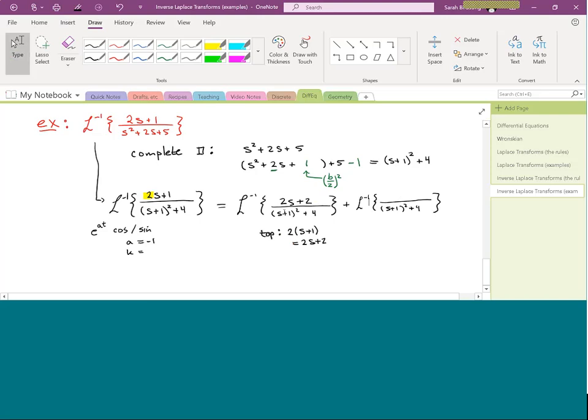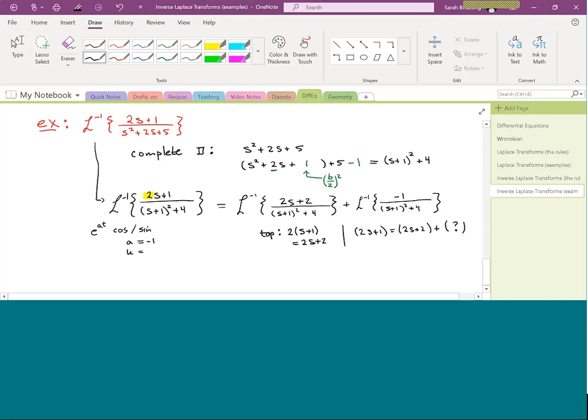So if we have to have 2s plus 2 on this first numerator, but the sum has to equal 2s plus 1, any guesses what's going to be on the top of this second fraction? So this would be -1, and if it helps, this is the scratch work we're doing. 2s plus 1 equals 2s plus 2 plus unknown. Solve for the unknown.